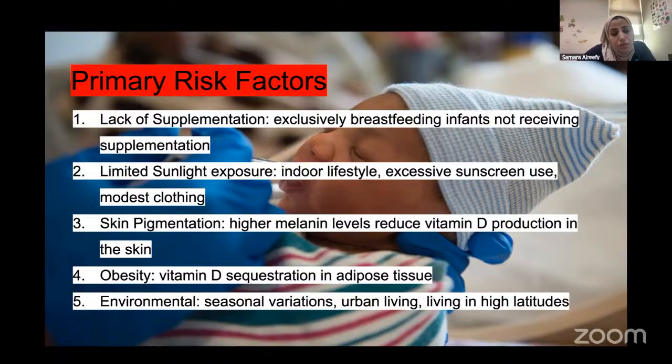In obese children as well, vitamin D gets sequestered in adipose tissue. And lastly, environmental and seasonal variations, such as winter and fall with less sun exposure, as well as urban living and living in high latitudes.